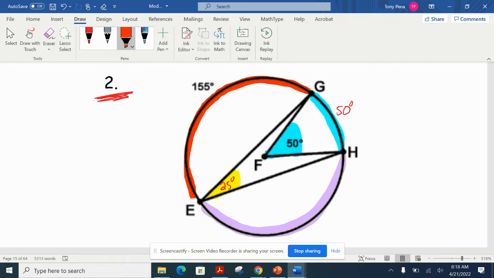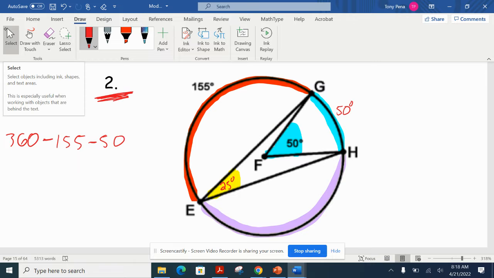If I combine my red arc, my blue arc, and my purple arc, doesn't that give you the full 360 degrees around the circle? Okay, well, it's a full 360, but let's subtract away the 155. That would get rid of the red arc. If I subtract away the 50, that gets rid of the blue one. Wouldn't the remaining degree measure have to be what's left over for that purple arc?